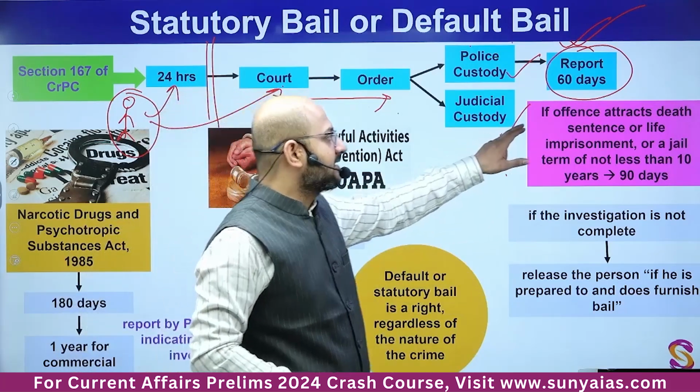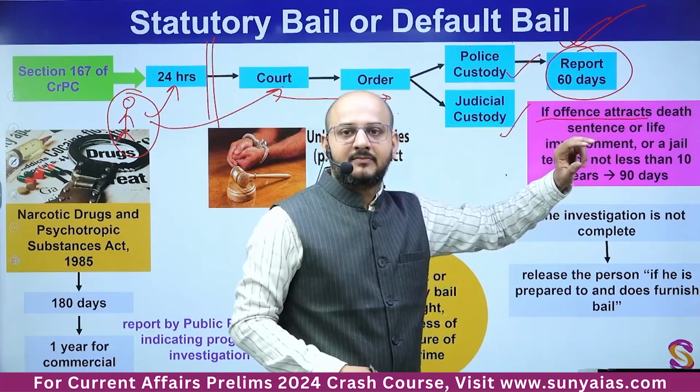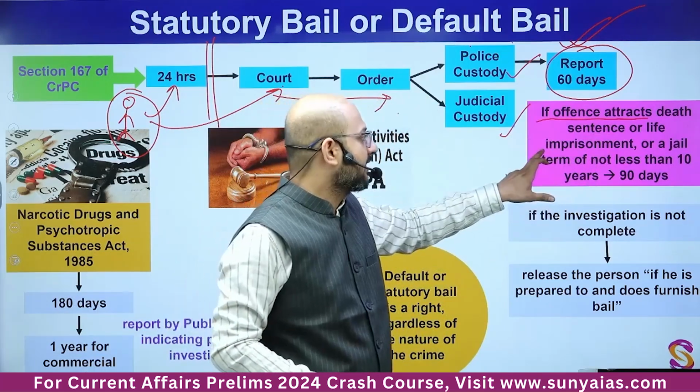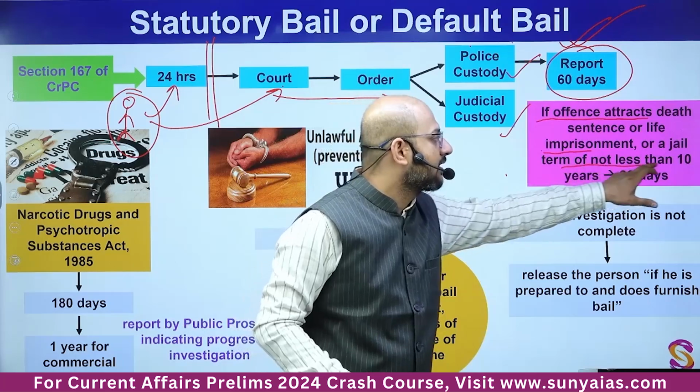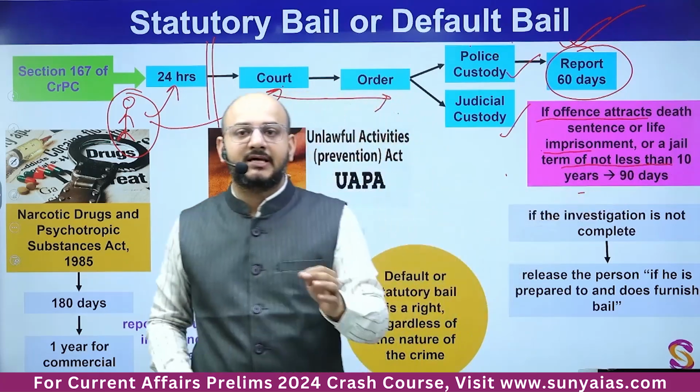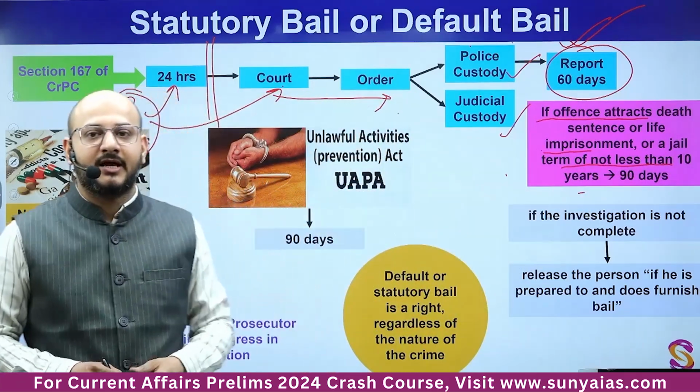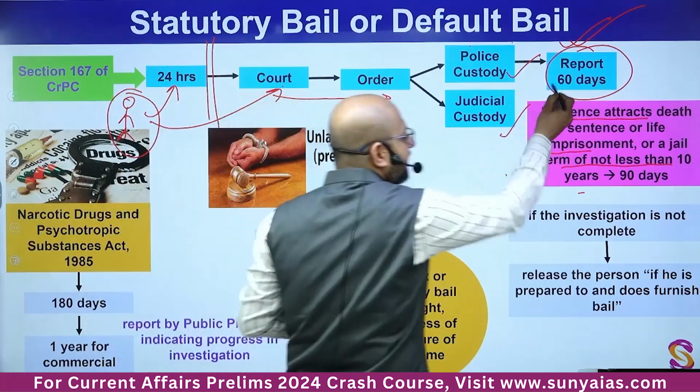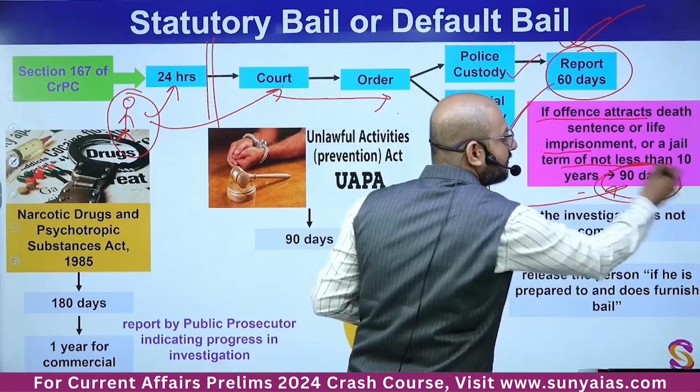If the offense attracts a death sentence or imprisonment of not less than 10 years, if he has committed a heinous crime, murder, in that case this remand period could go up to 90 days also.